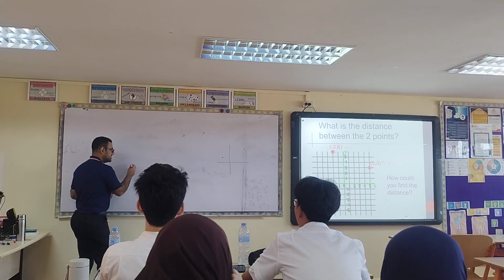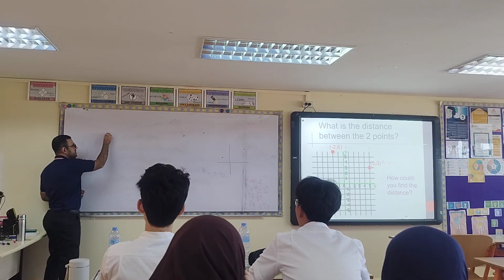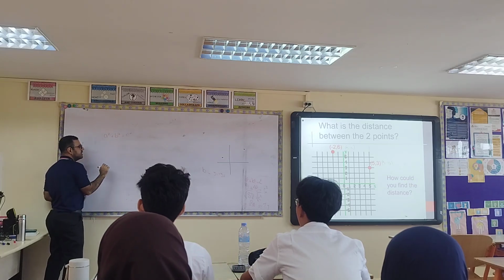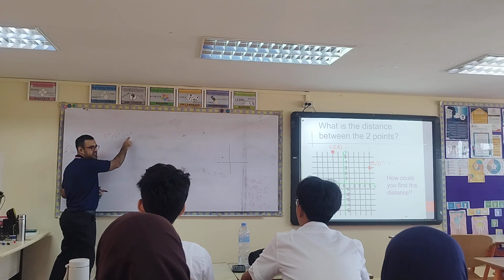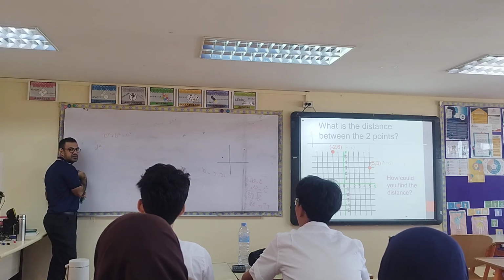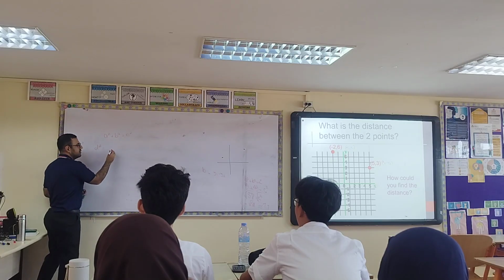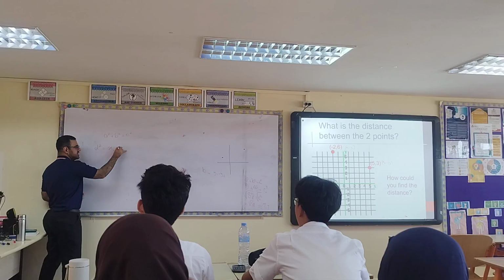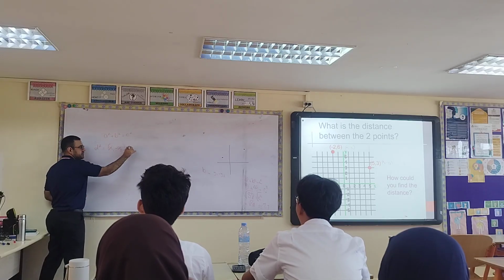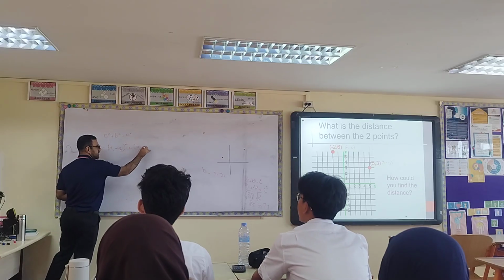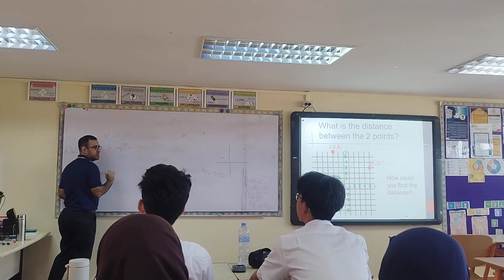So let's change it again with Pythagoras. The Pythagorean theorem says A squared plus B squared equals C squared. Now the distance, I will call it d, so I change this to d squared. A squared is x1 minus x2 squared, plus B squared, which is y1 minus y2 squared.